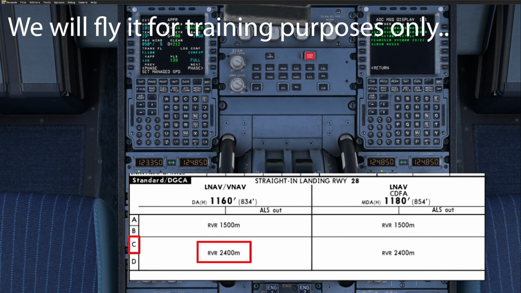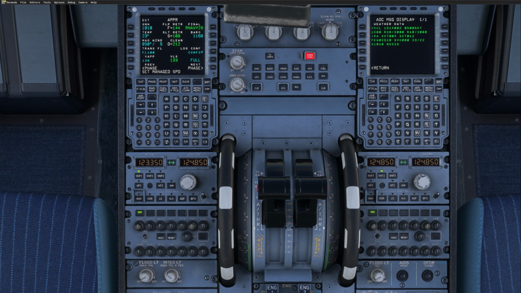But here for the training purposes, and again just for the training purposes, we are going to try this approach disregarding the RVR. All right, but remember, right now, if we would be in real life, not in a training, we would say no, we cannot fly this approach. Then we have to change our mind, go for the ILS or go for the other side. Maybe you can do the ILS runway 10 as the wind is light and variable.